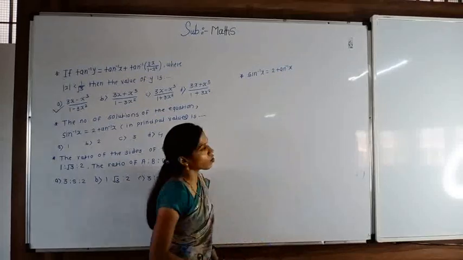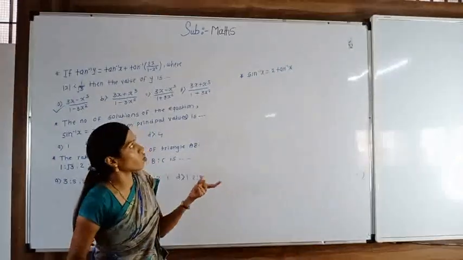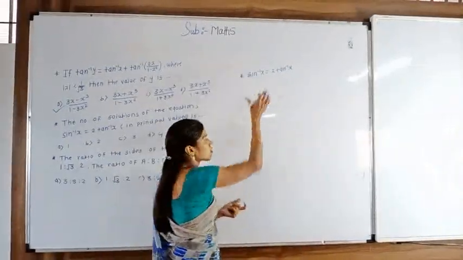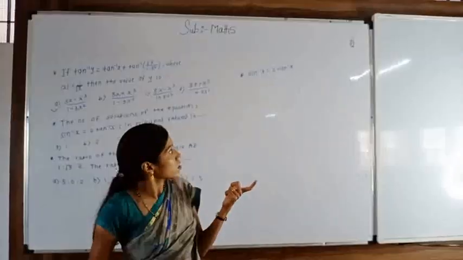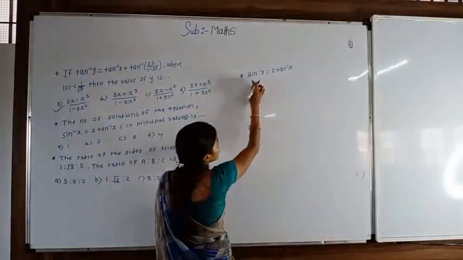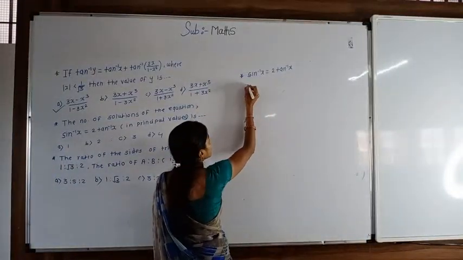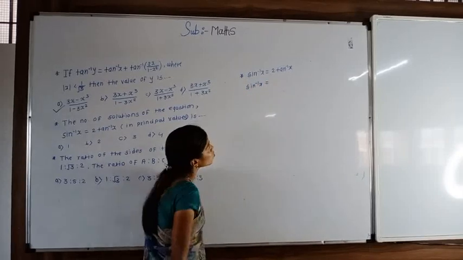Okay, for solving this type of equation, first we transform both sides to sin inverse, or both sides to tan inverse. So see here, take sin inverse x as it is and transform the other side to sin inverse.